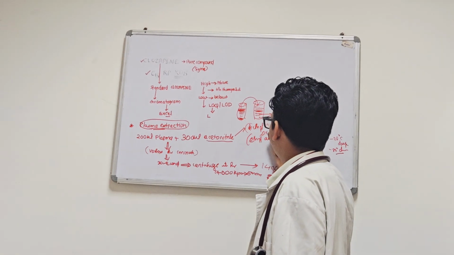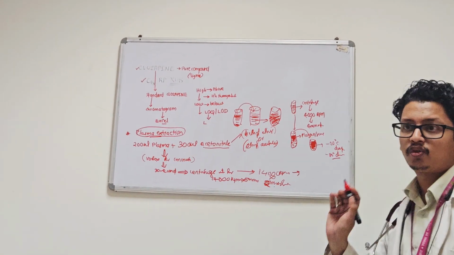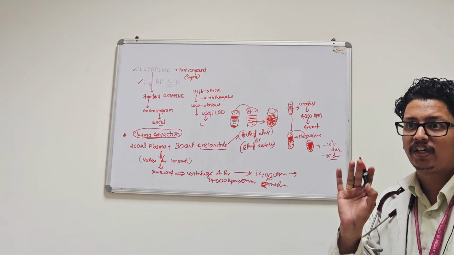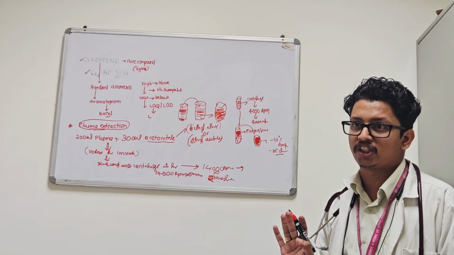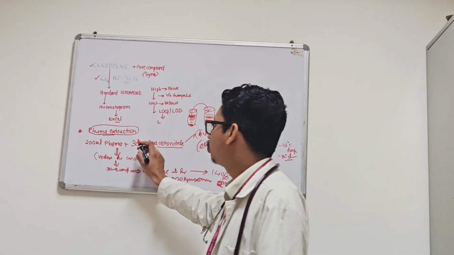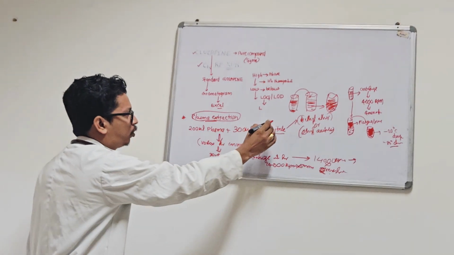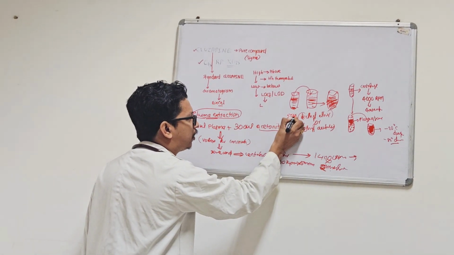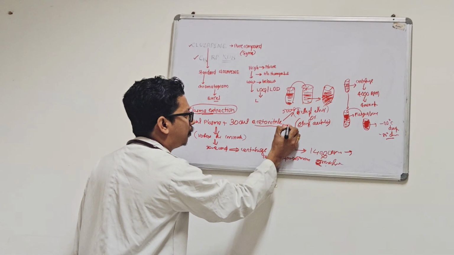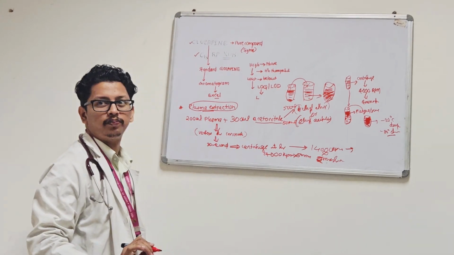We can use ethyl acetate or diethyl ether for liquid extraction. So only the step changes, you have to use 2 times or 3 times of ethyl. So 500 microliter diethyl ether or 500 microliter ethyl acetate we can use.